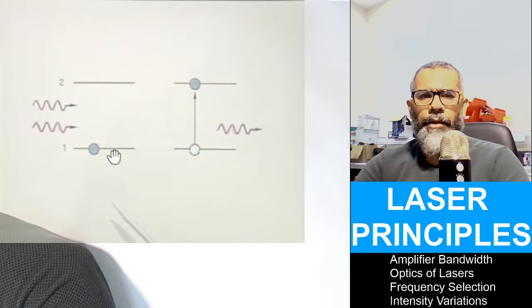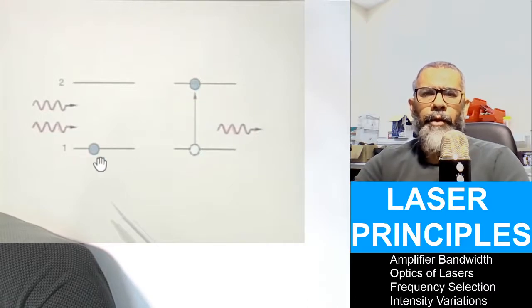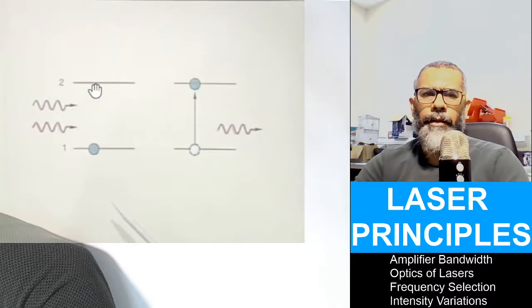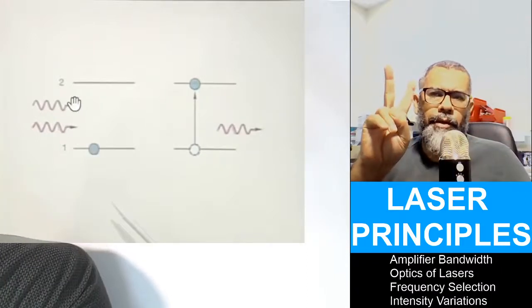It's in the ground state energy, and electrons can take different energies inside the atom. This is only the simplest atom that you can see, in which the electron has only two accessible energy levels.